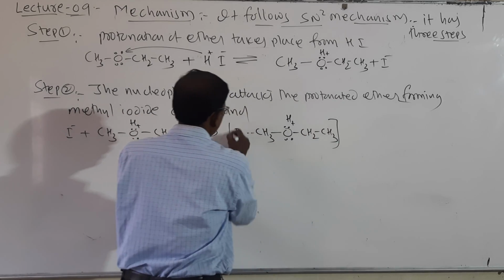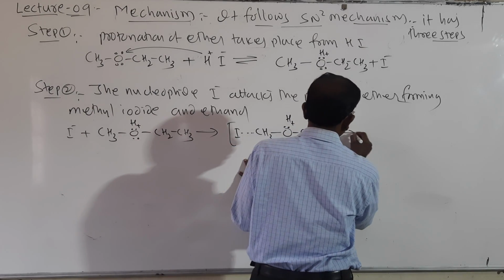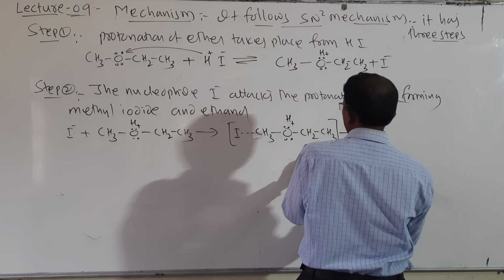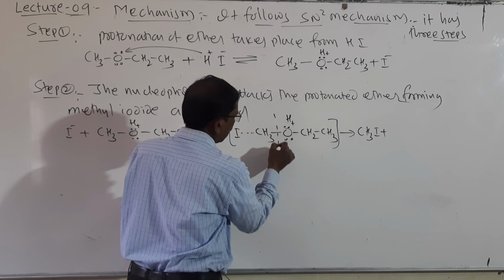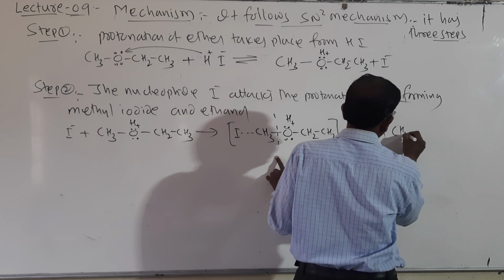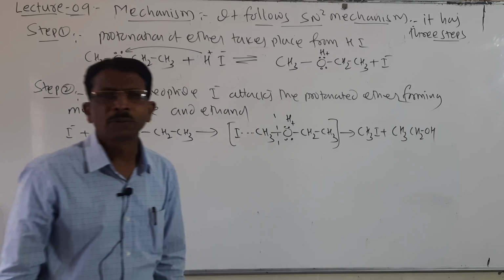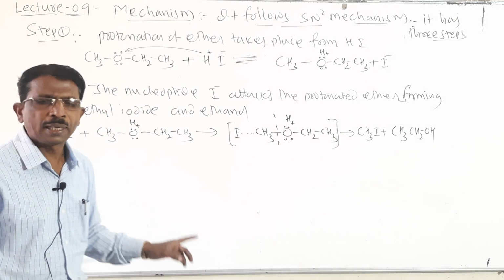So it is a transition state, and it forms CH3I plus CH3. So here it decomposes, it is CH3, CH2, OH, ethanol. Look here students, here it forms.